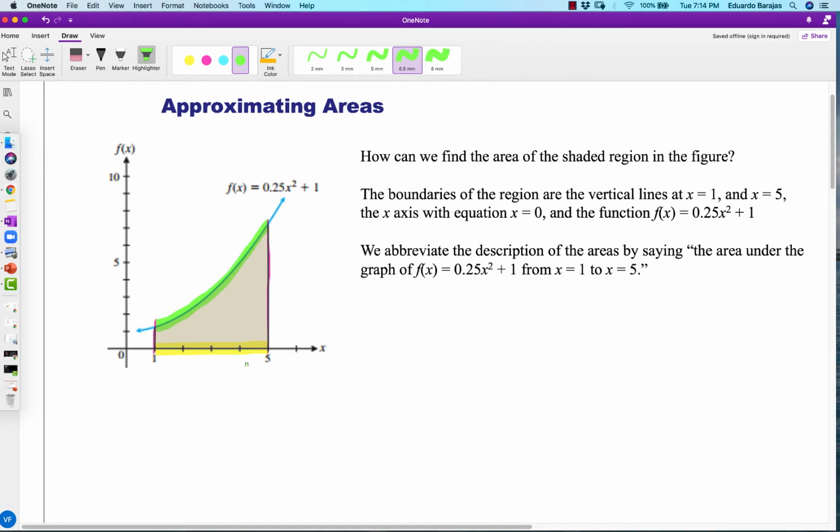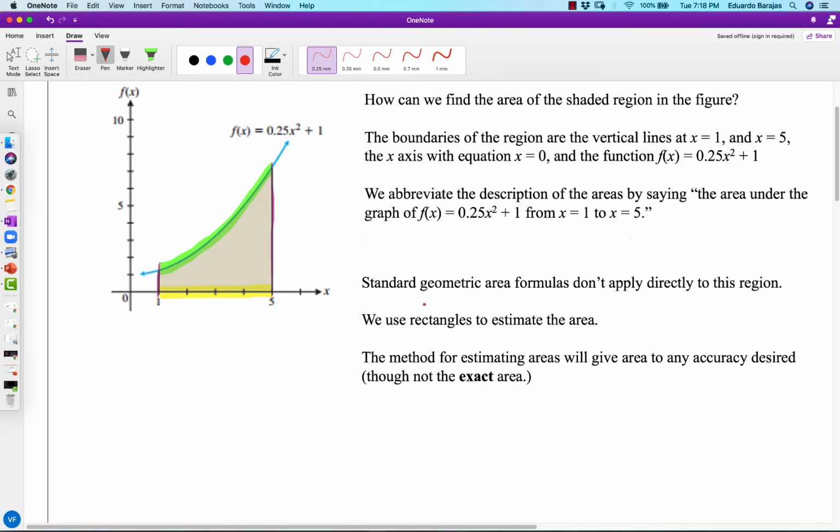This shape defined by all four of these walls is the area that we're trying to find. We often abbreviate this description by saying it's the area under the graph of f of x, which in this case equals 0.25x squared plus 1, from x equals 1 to x equals 5. This is what we have in mind. So how do we find that area?